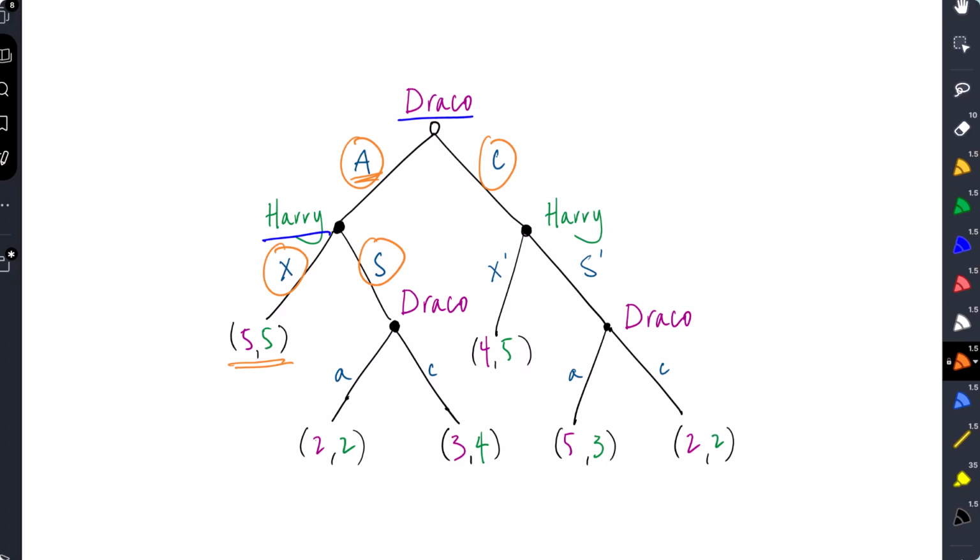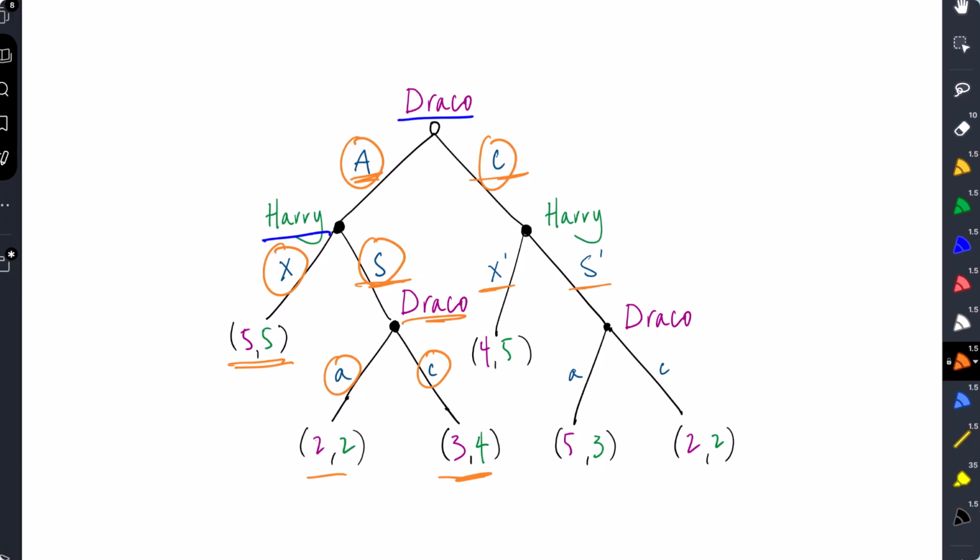If Harry casts S, then Draco is going to play again, make another decision, and he can cast spell lowercase a or lowercase c. Those will lead to these outcomes. Okay, if Draco casts spell C, then Harry can do X prime or S prime.